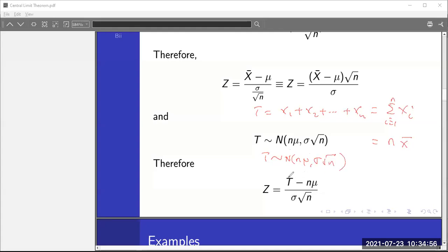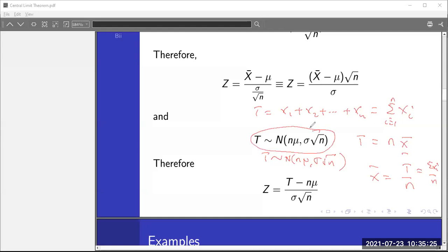You remember what x bar is. x bar is given by T divided by n, because T gives us the total of the observed values. So make x bar the subject of the formula. The sample mean is given by the total, where T is the sum of xi's, divided by n. So how do you standardize this?